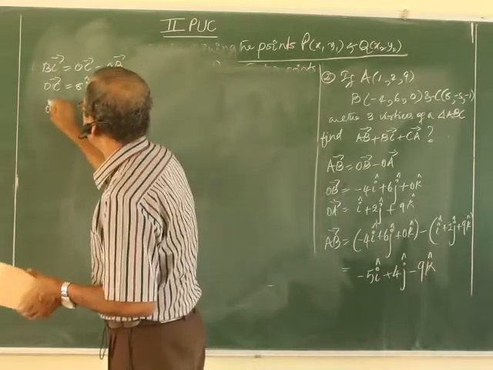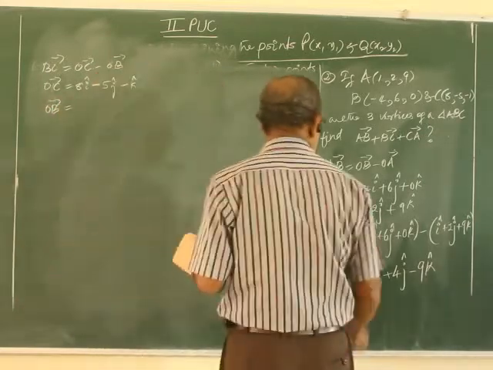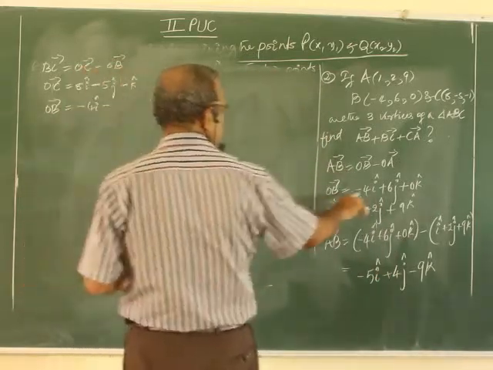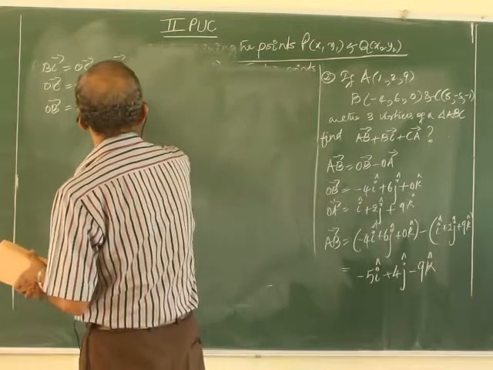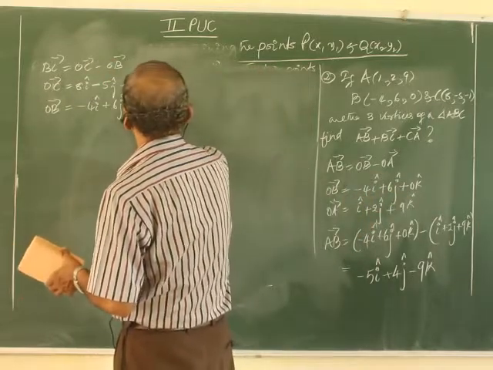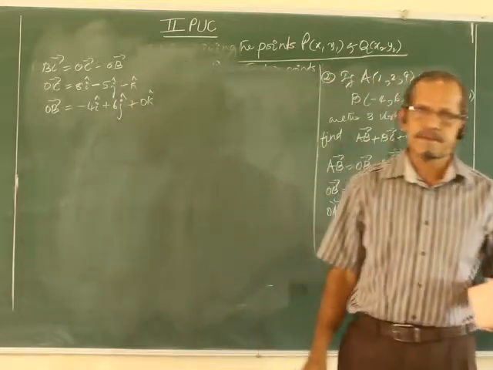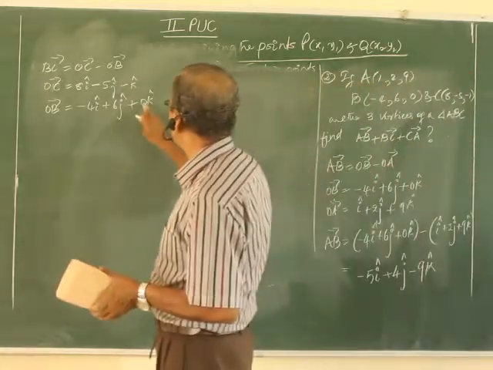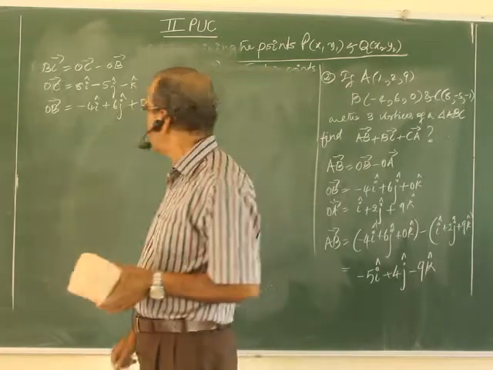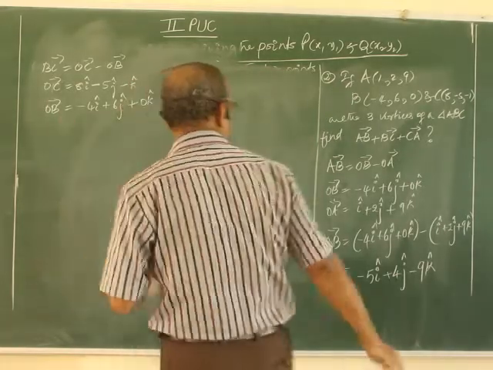OB is already written, let me copy it: minus 4i plus 6j plus 0k.